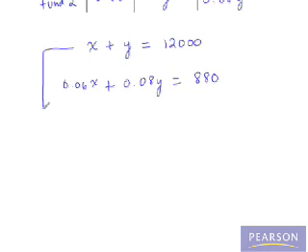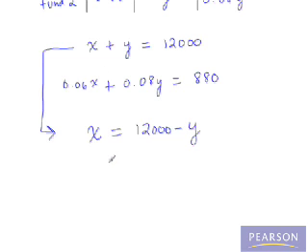Let's take our top equation and solve it for x, meaning I'm going to subtract y from both sides. We would get 12,000 minus y.